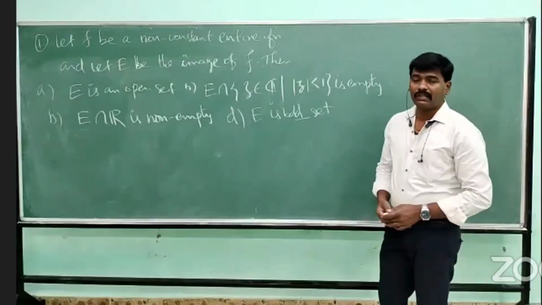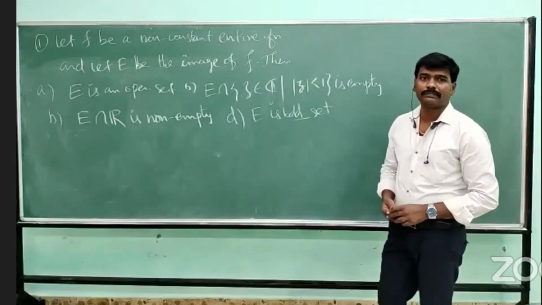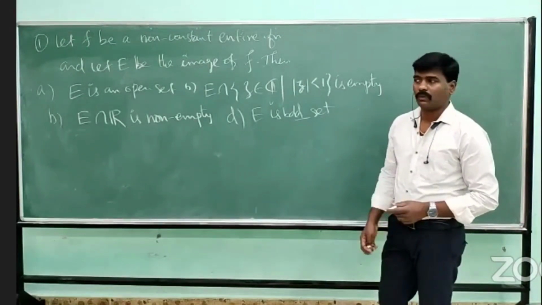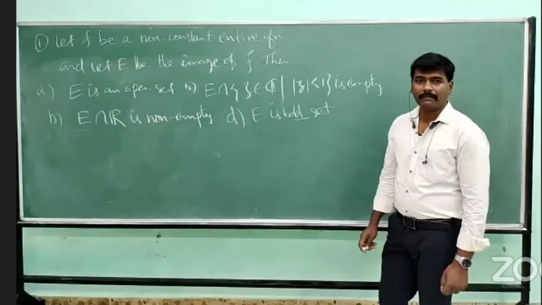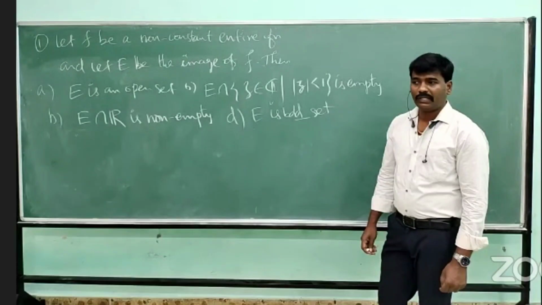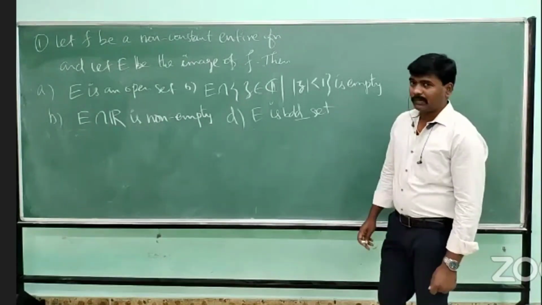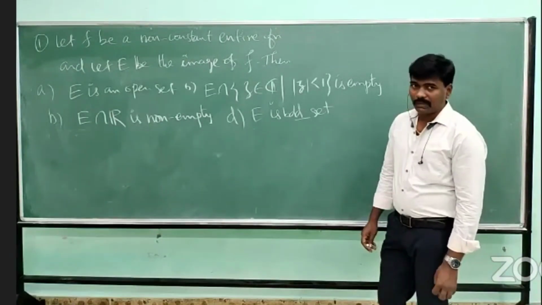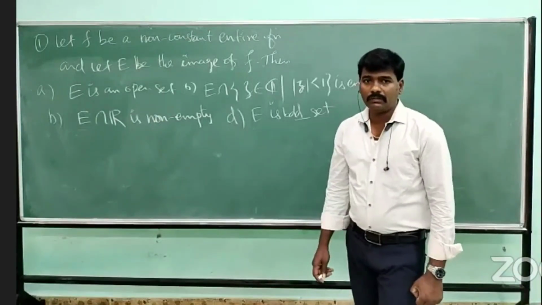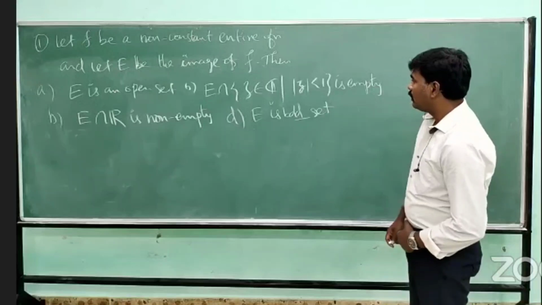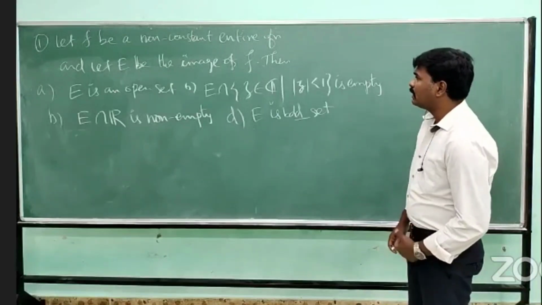So given f is a non-constant entire function. Is there any idea? No idea. Okay, I will try to explain very clearly. This is a very simple problem. This is a theoretical problem. An option is repeated.